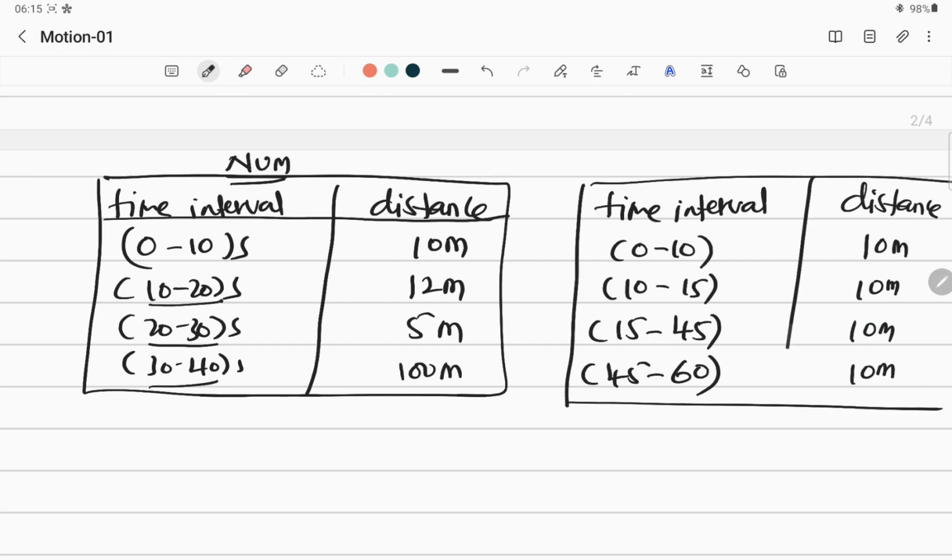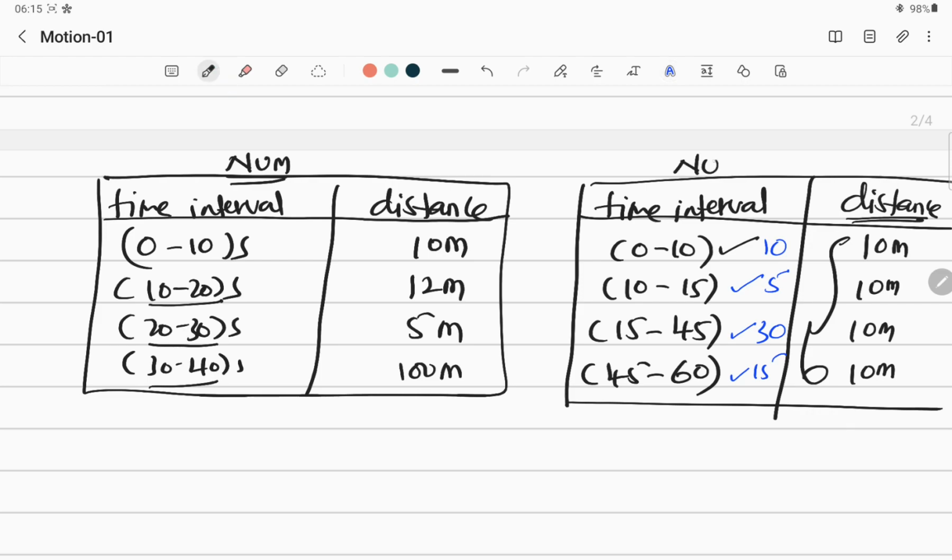Here the distance traveled is constant, but the time interval here is 10 seconds, here 5 seconds, here 30 seconds, here 15 seconds. If the body is covering equal distances in unequal intervals of time, then also that is an example of non-uniform motion.